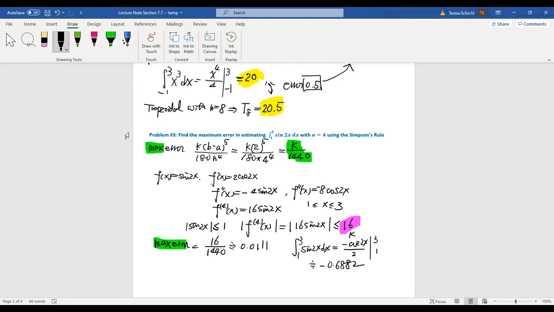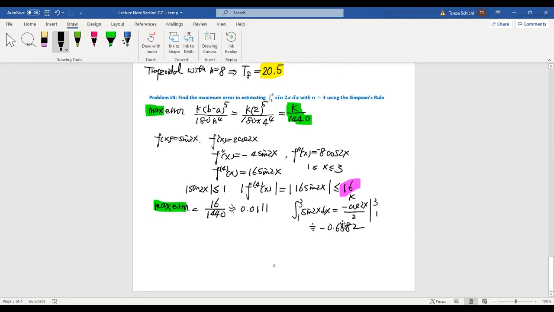Then you use the method like before, create a table and do Simpson's. I'm not going to redo that. The Simpson's estimation is close to negative 0.6925.